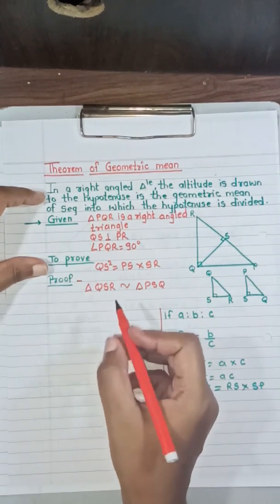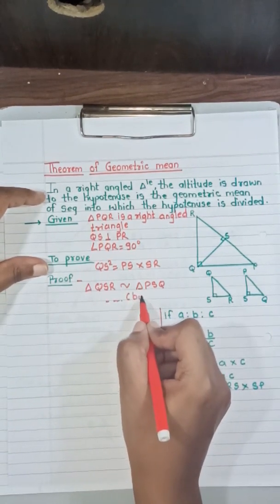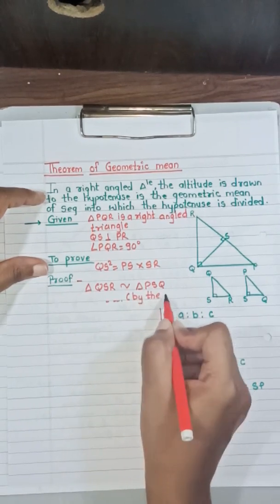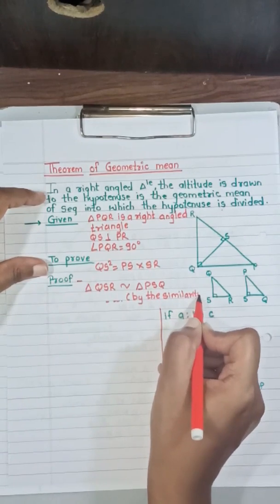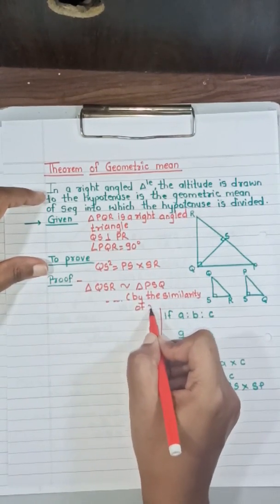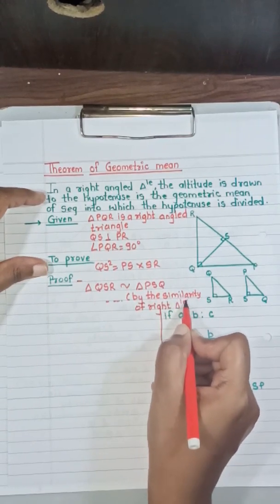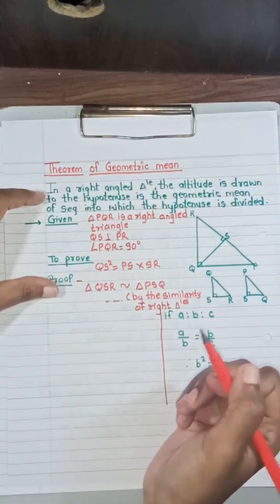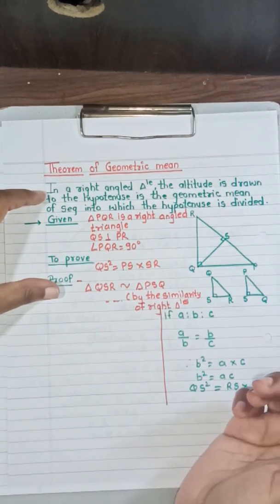Now by the similarity of right triangles, when two triangles are similar, that means their sides are in proportion.